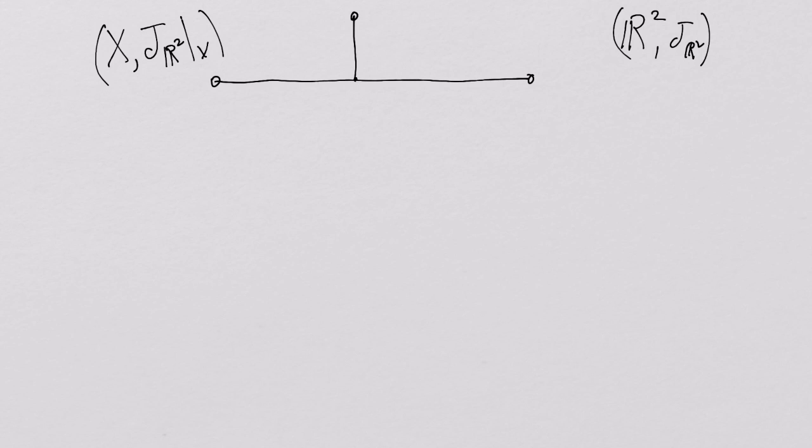So, for example, this little open set would be the result of the inherited topology from, say, that ball. And this open set here would be from this ball. Likewise, this open set here could be from that ball.